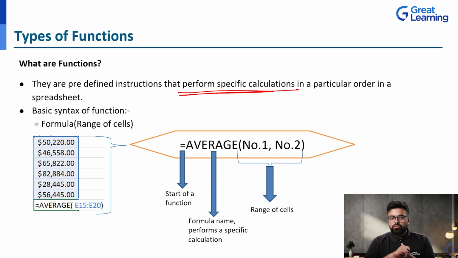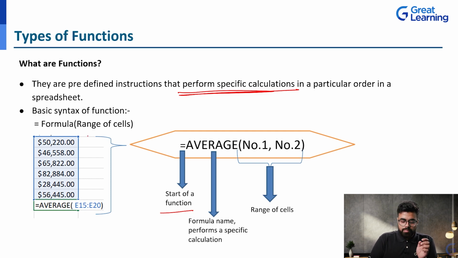For example, the basic syntax of a function is an equals sign, which signifies the start of the function. Then comes the name of the particular function that you want, in this case, AVERAGE. You can have SUM, you can have COUNT. You have different types of such formulas that have different calculations involved. Then you have an open parenthesis and the range of cells.